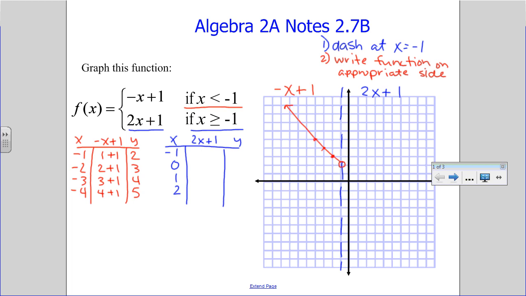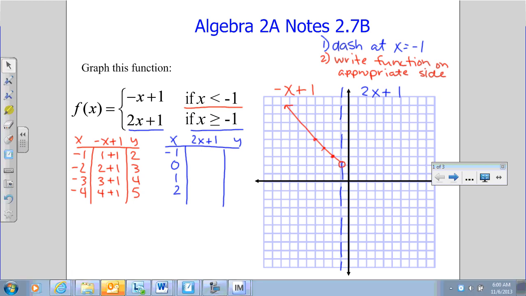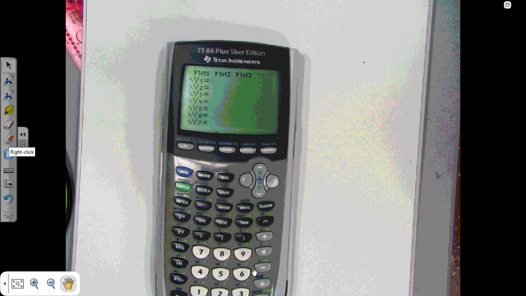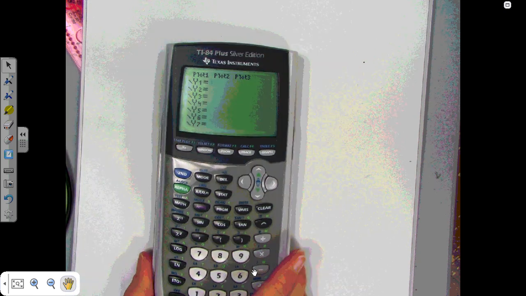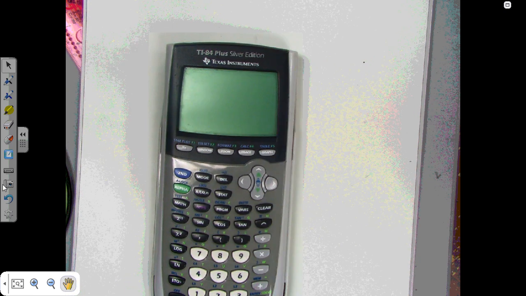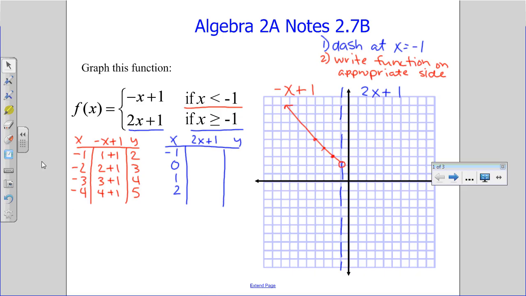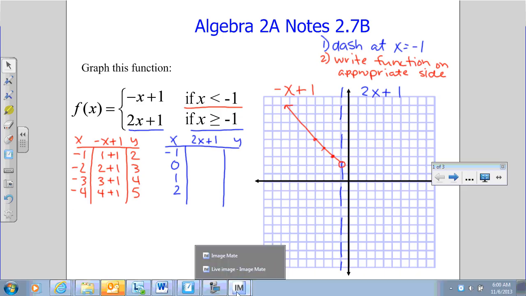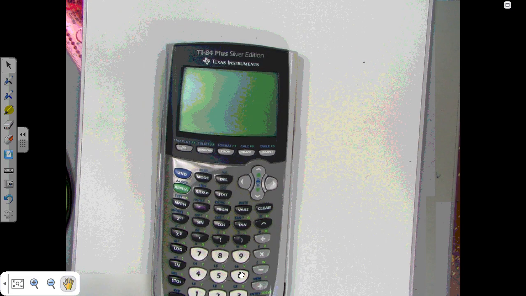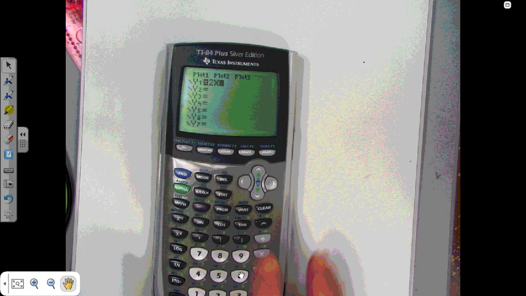And like I said, we can do this on the calculator. So we could go to our graphing calculator, and we can type in, and Miss Woodard could remember the function for a little bit longer than that, 2x plus 1. So we're going to type in y equals 2x plus 1.